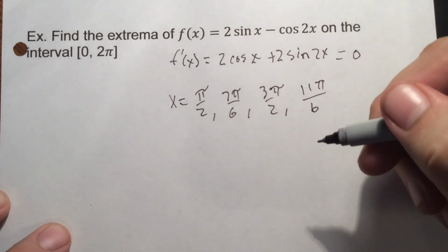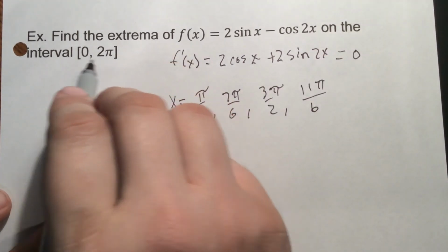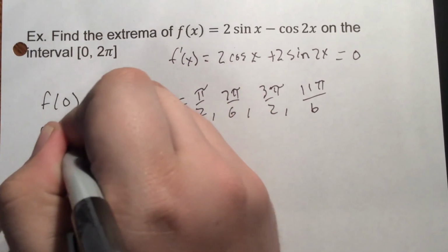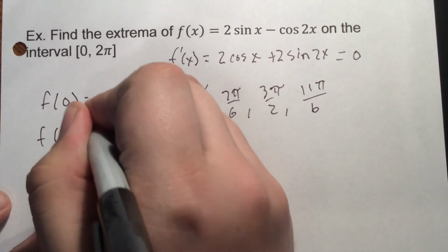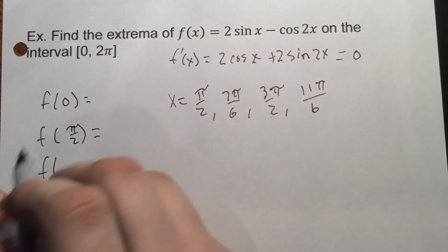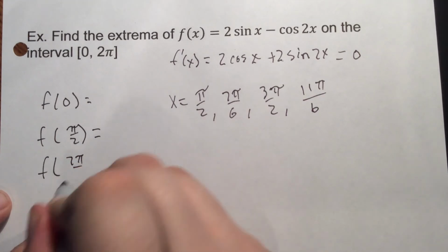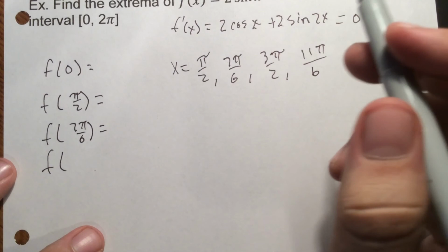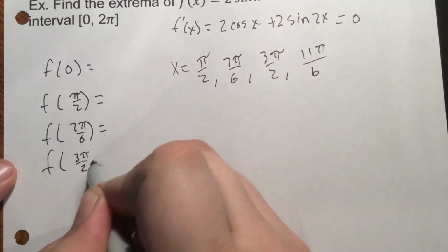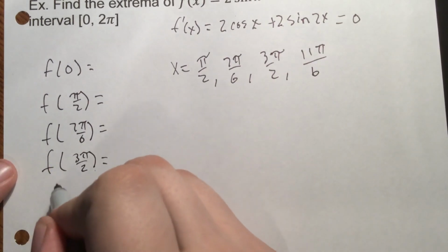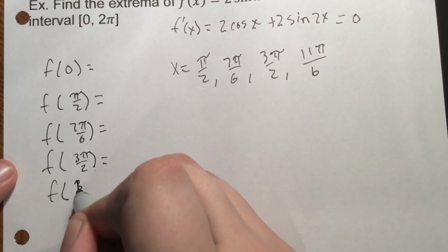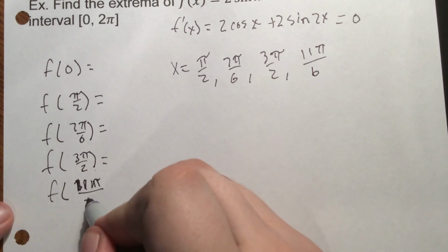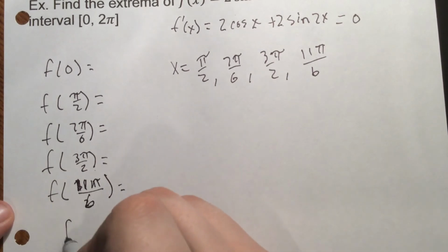So you go through and you check those. We'd have our endpoints here. We're really restricted from this. So you do f of 0, f of pi over 2, f of 7 pi over 6, f of 3 pi over 2, f of 11 pi over 6, and f of 2 pi.